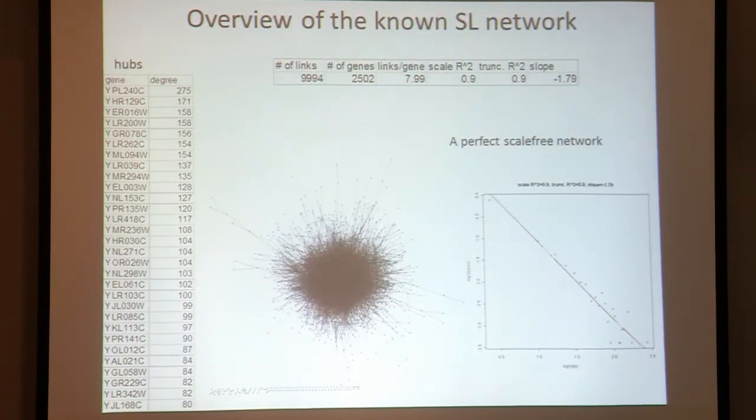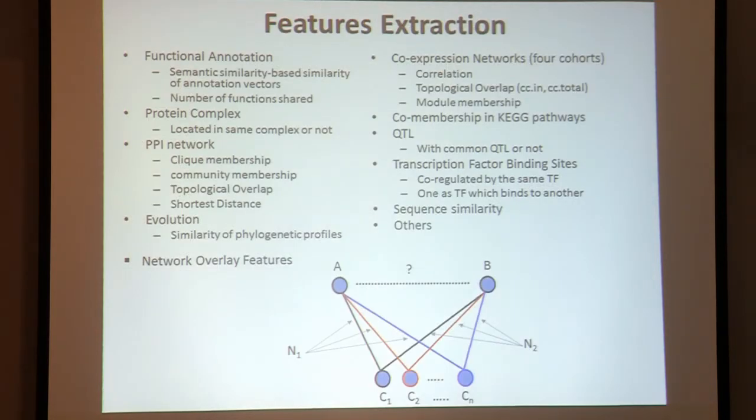So this is just a very overall view of the known synthetic lethal network. This is in yeast, and actually only a small portion of the pairs were tested at that time. So we made use of a lot of network features.